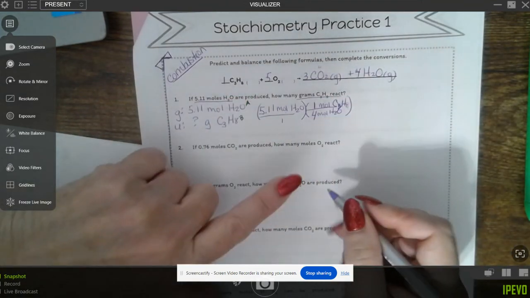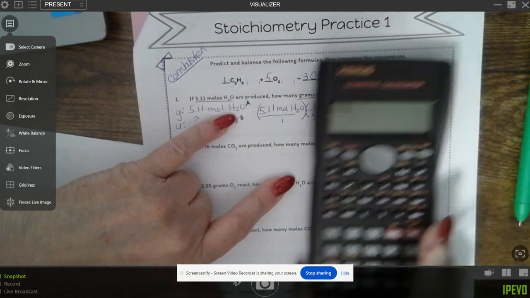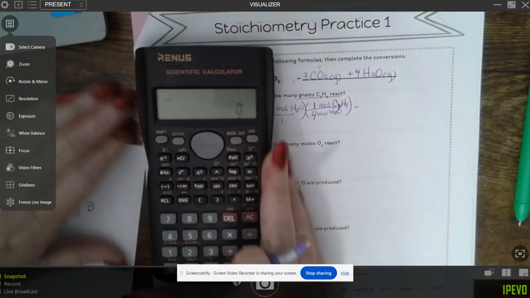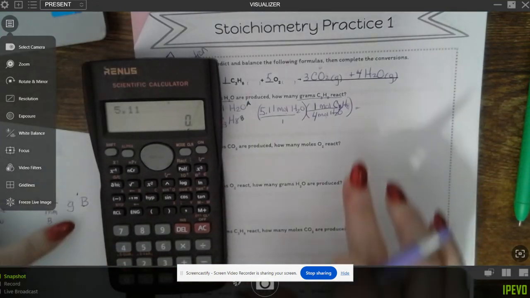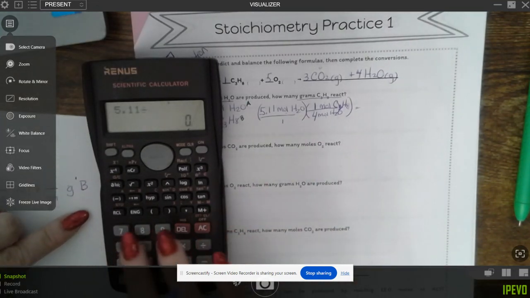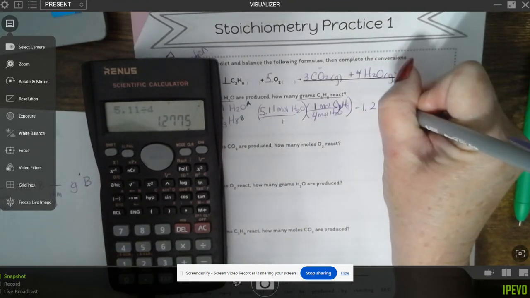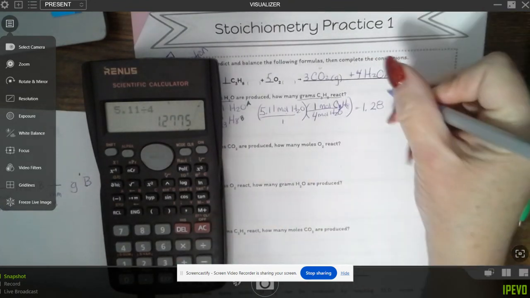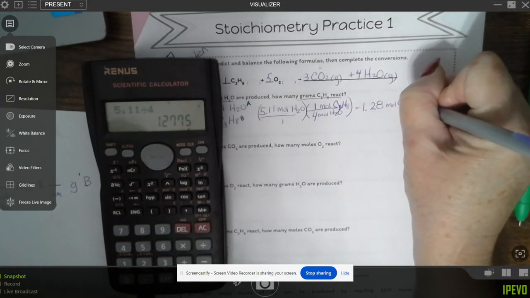Okay, so that's step 1. Let's do that math. So 5.11 divided by 4 equals 1.28. All right, that's moles of C3H8.